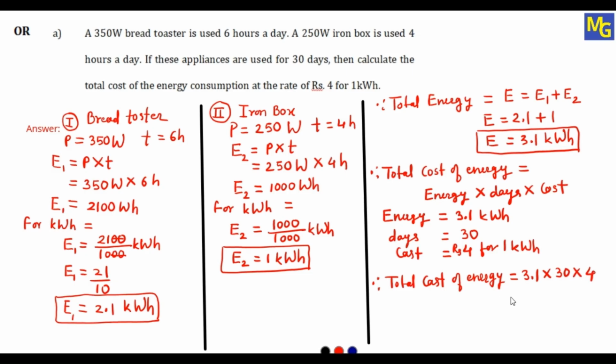Multiply this. 3.1 into 30 into 4 will be 120, and 3.1 into 120 will be 372 rupees. So 372 rupees is the total cost of energy. So this is our final answer.